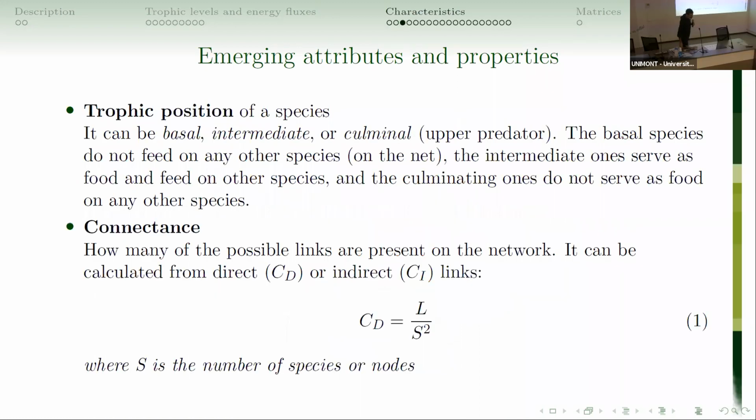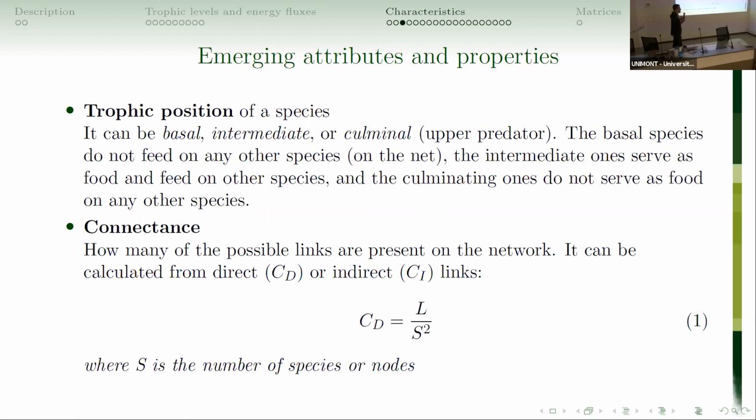Well, the trophic position of a species. There are only three possible trophic positions: basal, intermediate, and culminal. Basal species in our communities are the species that do not feed on anything, which in reality is not true. But remember that I said the community is something that you describe.